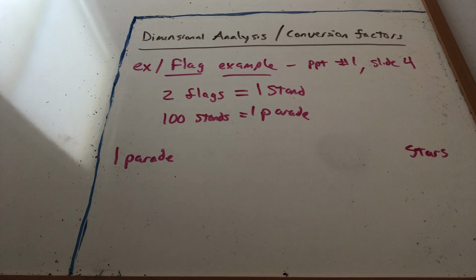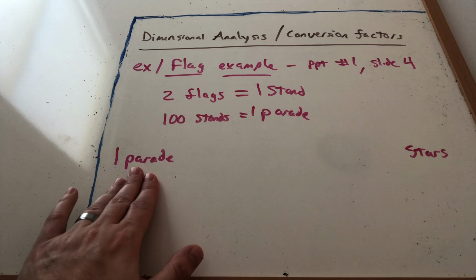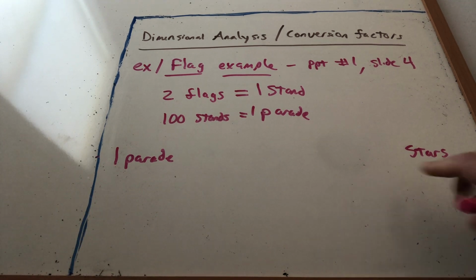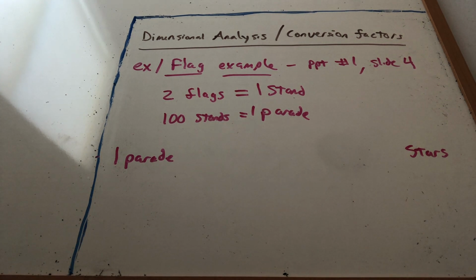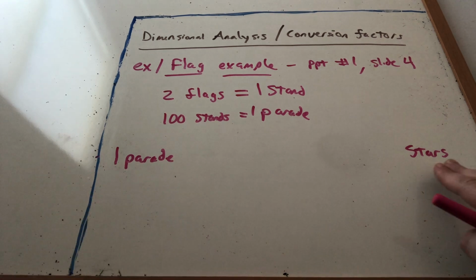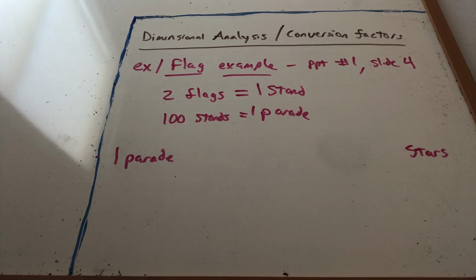Now you guys can probably figure this out on your own without having to do this conversion factor technique, but we're going to establish this idea where we make a list, we look at what we're trying to analyze on the left-hand side, where we're trying to go, and we write it on the right-hand side, and make a connection with conversion factors. We're going to set this up with a problem that we understand so that when we do more difficult problems, we have this general technique down. List, starting point, ending point, connection with conversion factors.